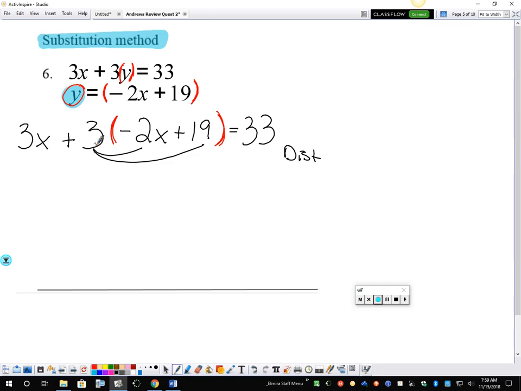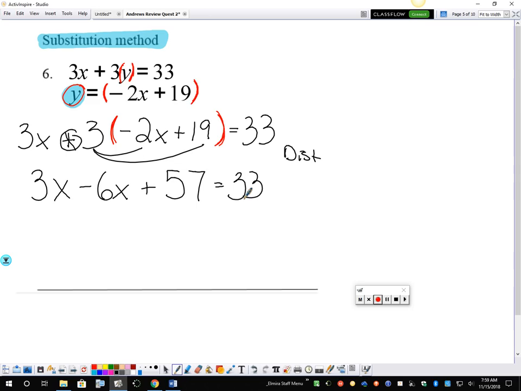So 3 times negative 2x is a negative 6x. And a plus 3 times a plus 19 is a plus 57. Bring 3x down. Now guys, listen, don't bring this plus sign down, because a positive 3 times a negative 2x is a negative 6x. We're not going to write plus negative 6 in there. It's just minus 6. Equals 33.